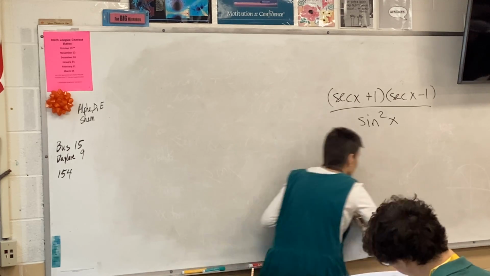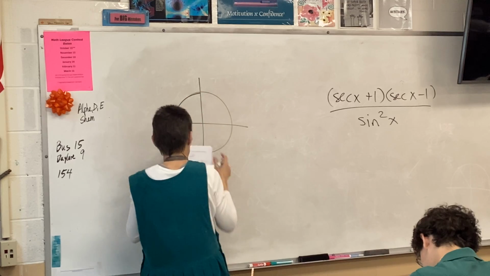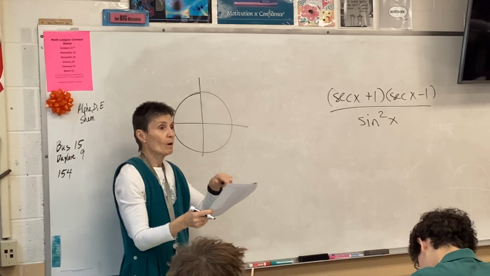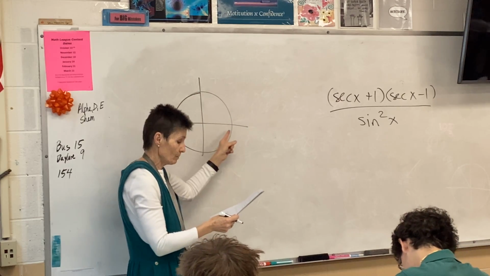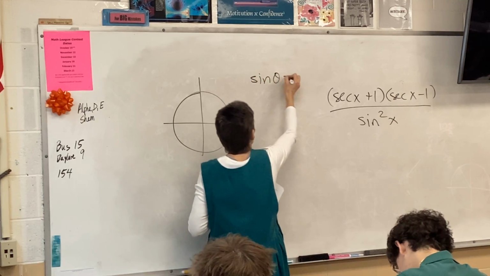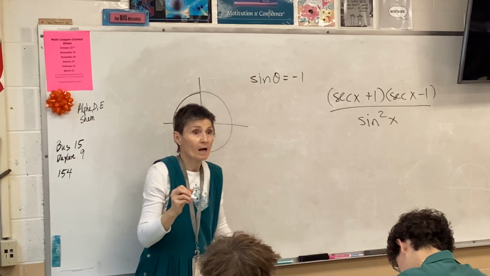So if you look at that circle, for which angles between 0 and 2 pi, so in other words, once around, is the sine -1? Now, what's our definition of sine?